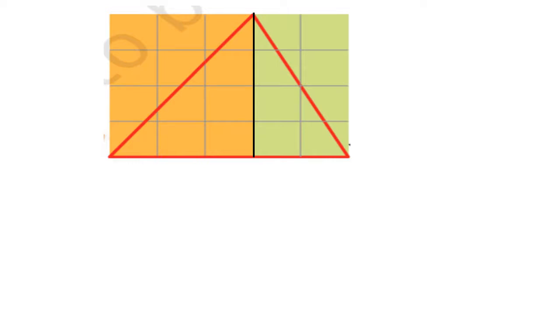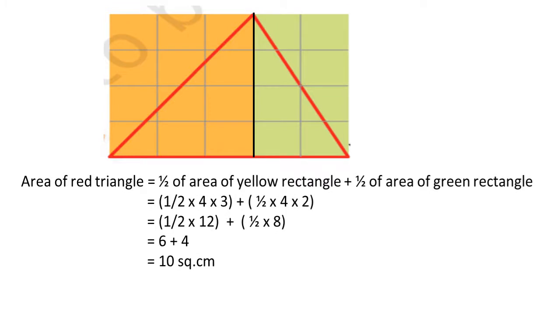Let us see how we are going to do it. Area of red triangle is equal to half of area of yellow rectangle plus half of area of green rectangle. So half of area of yellow rectangle, so half multiplied by 4 into 3. Yellow rectangle, what is the length of yellow rectangle?